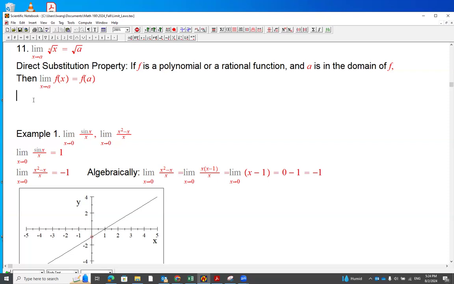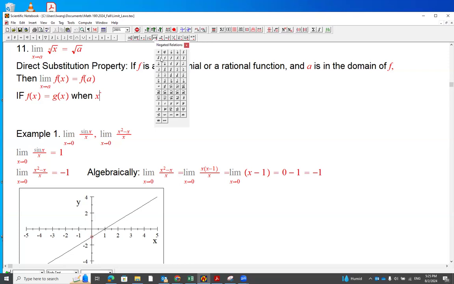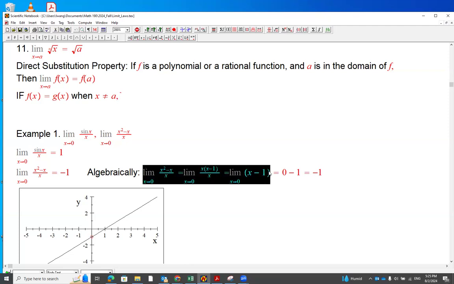The next theorem says, if f of x equals g of x when x is not equal to a, think about that. What are the cases, right? So the case we have here is that situation.